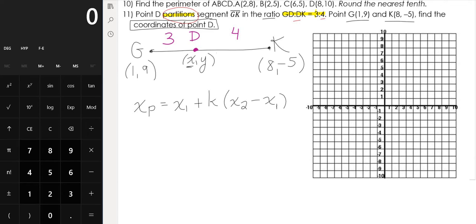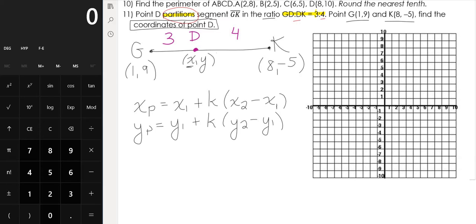The Y value, same exact formula: YP equals Y1 plus K times (Y2 minus Y1). And again, if you're going to use the formula, just write it about 20 times, change the color each time, and it's going to help you memorize this. The more you write it, the closer you are to fully memorizing it.